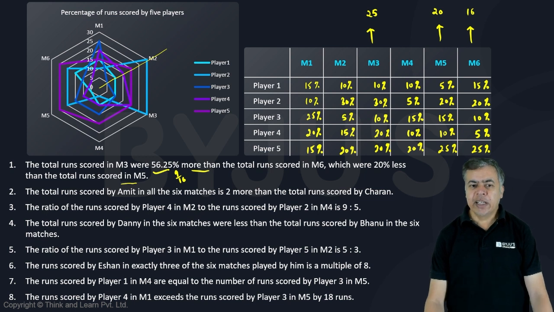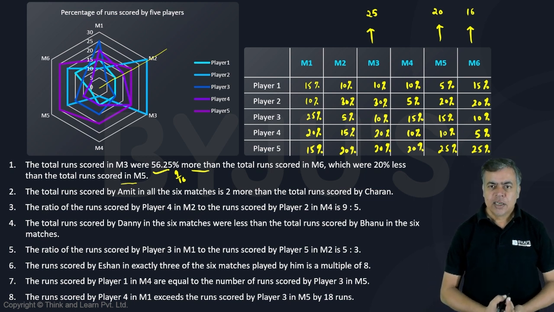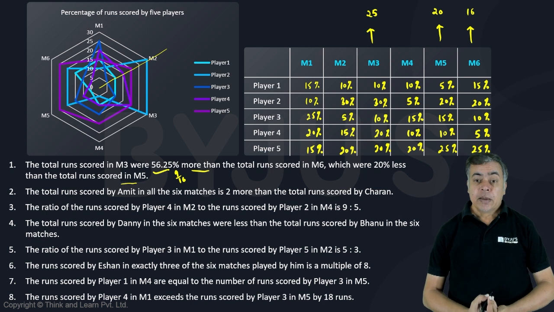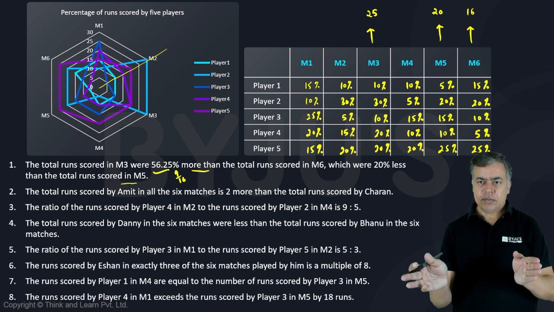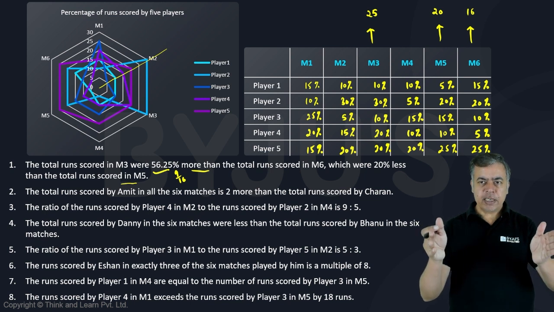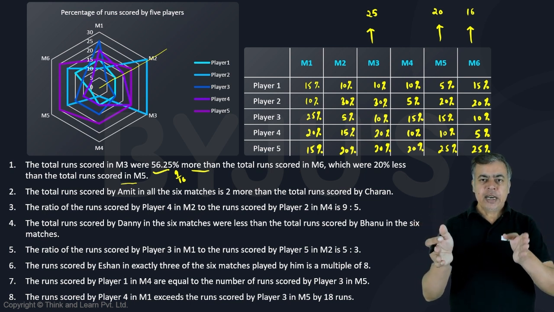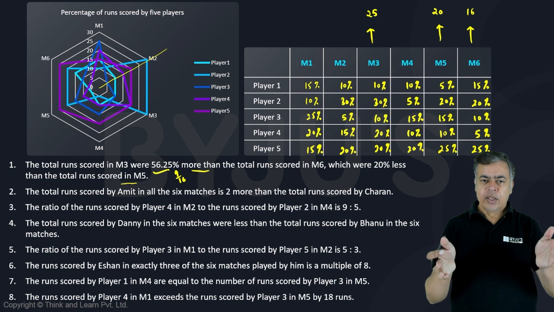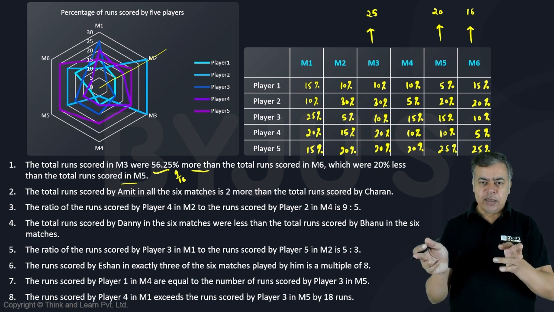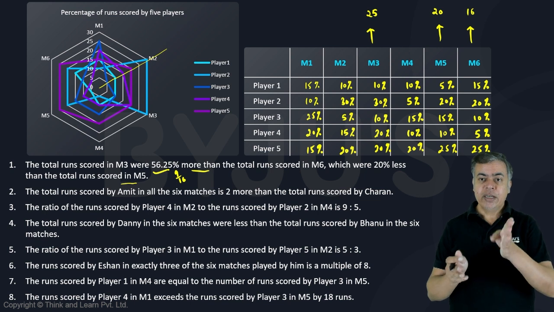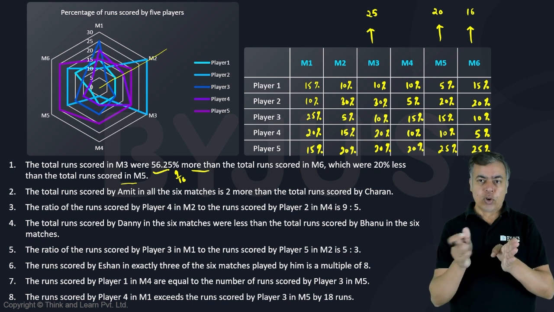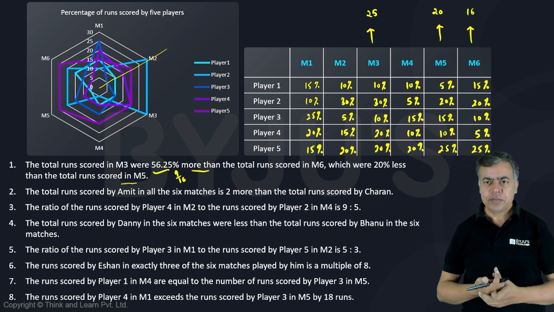I'm just writing the ratio based on percentages. M3 is 9 more than 16 of M6. If M6 is 16, M3 must be 25. And because M6 is 20% less than M5, M5 must be 20. Now 20% would be 4, and 4 less than 20 is 16.